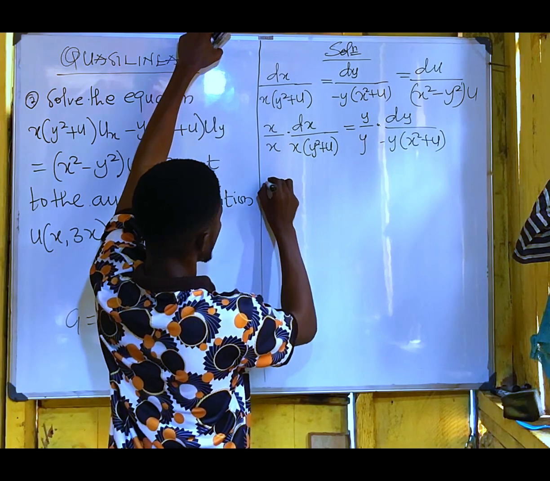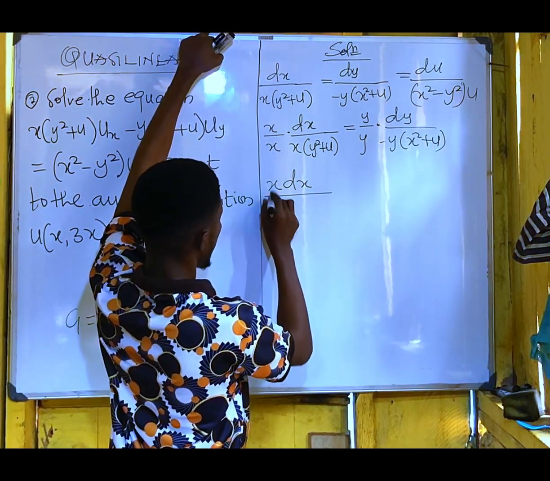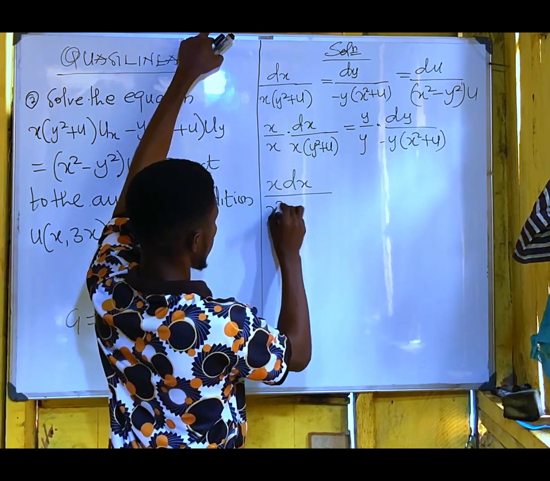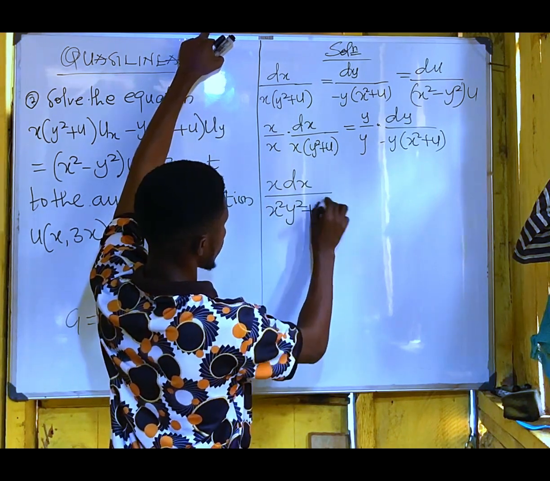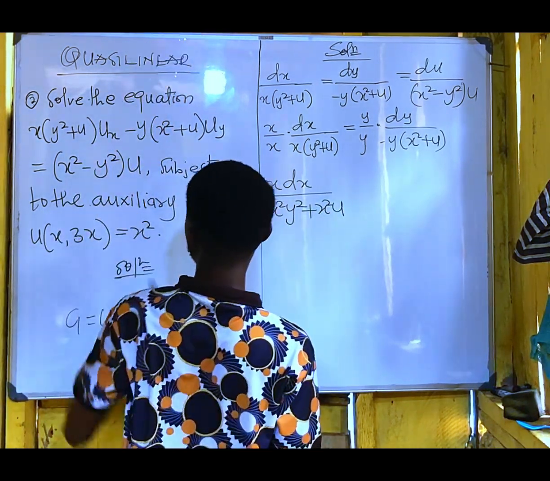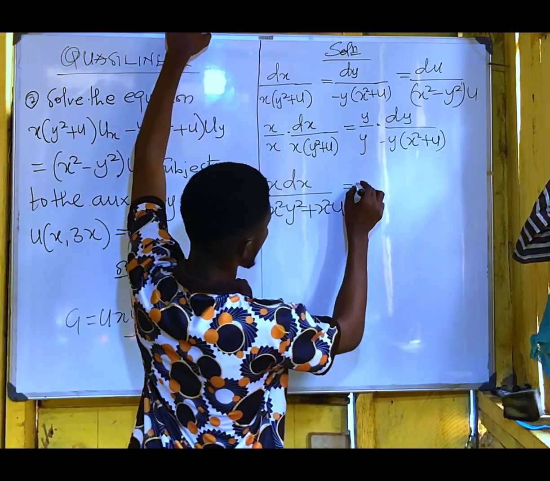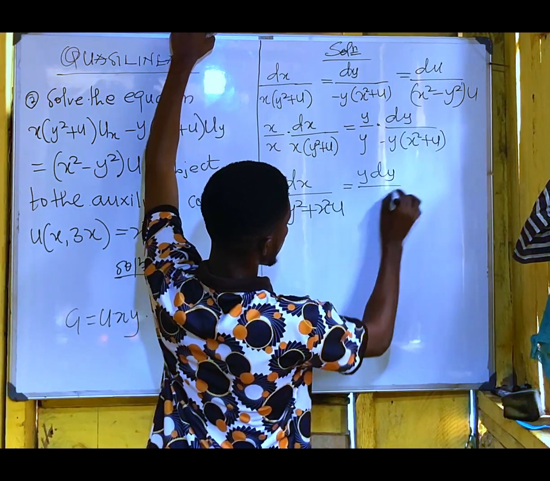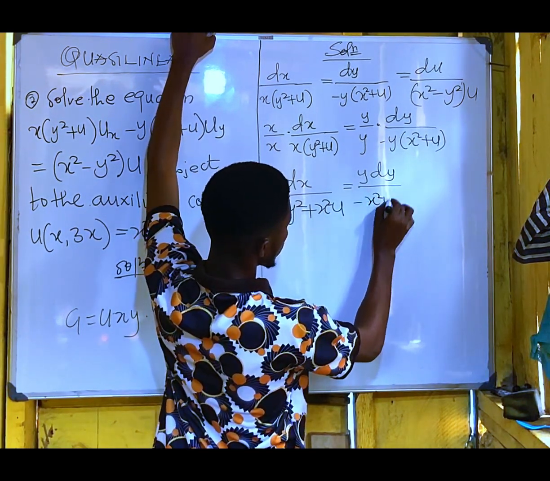x times this will give us x dx, all divided by x times x is x squared times y squared is x squared y squared, x squared times u will be x squared u. Is that okay? Equals to y dy over negative x squared y squared.